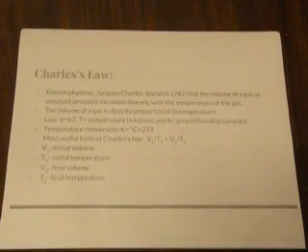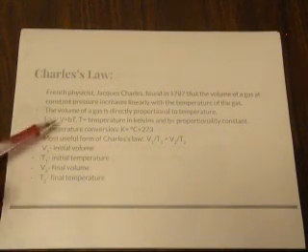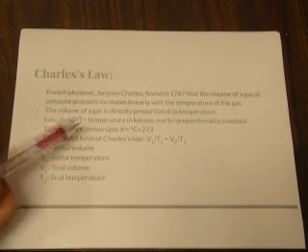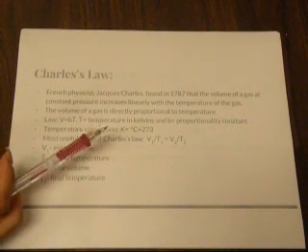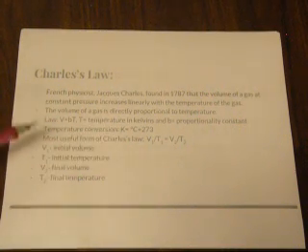The next law is Charles' law. French physicist Jacques Charles found in 1787 that the volume of a gas at a constant pressure increases linearly with the temperature of the gas. The volume of a gas is directly proportional to the temperature. The law in this case is V equals BT, with T being the temperature in kelvins and B the proportionality constant.